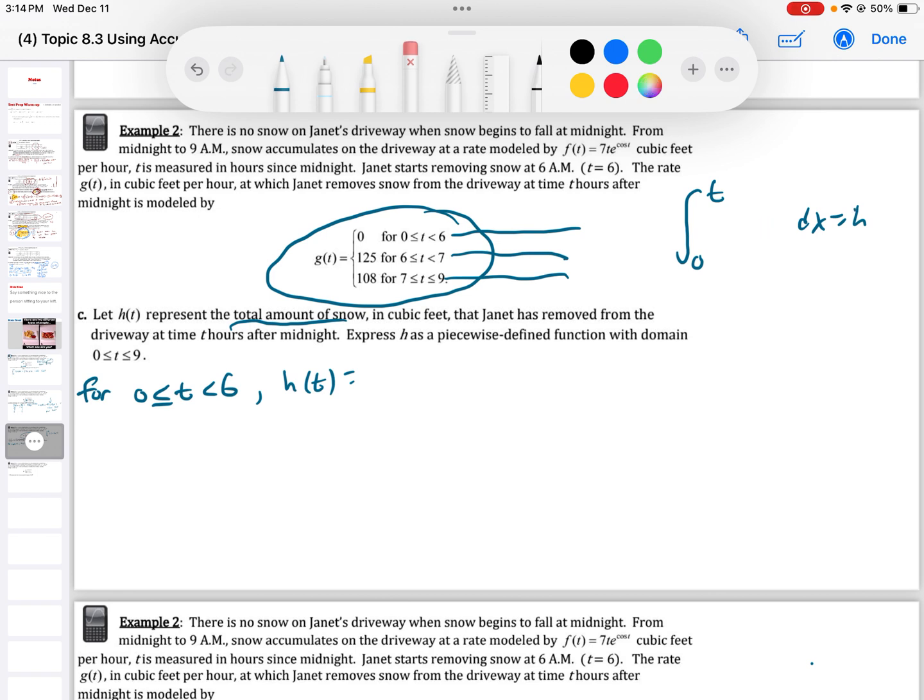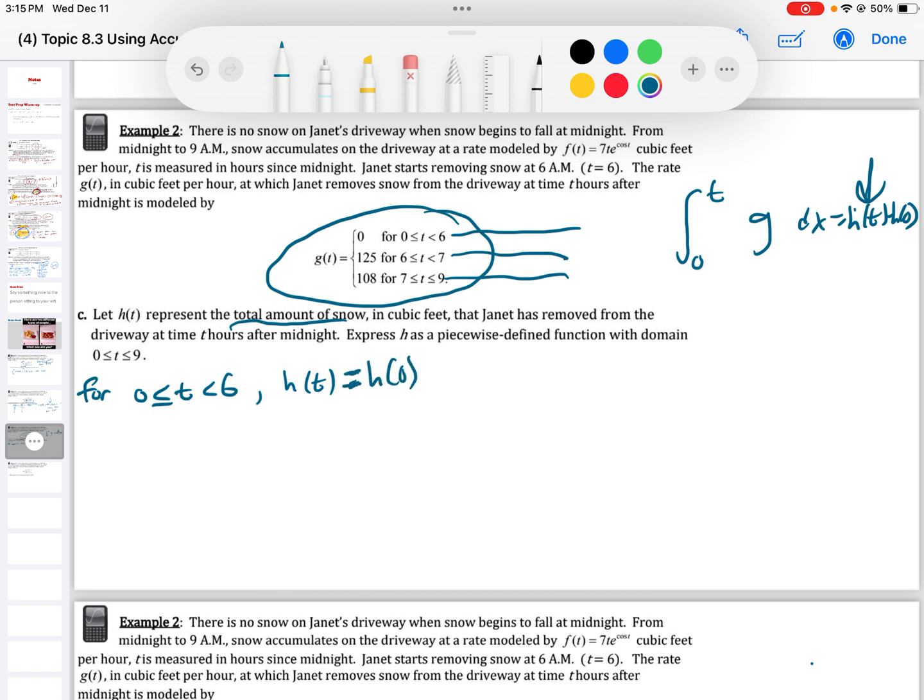We're integrating this function, right? We're saying h would be the antiderivative of g, because g is the rate and h would give us the total amount. So this would be like h of t minus h of 0. I'm trying to solve for h of t.